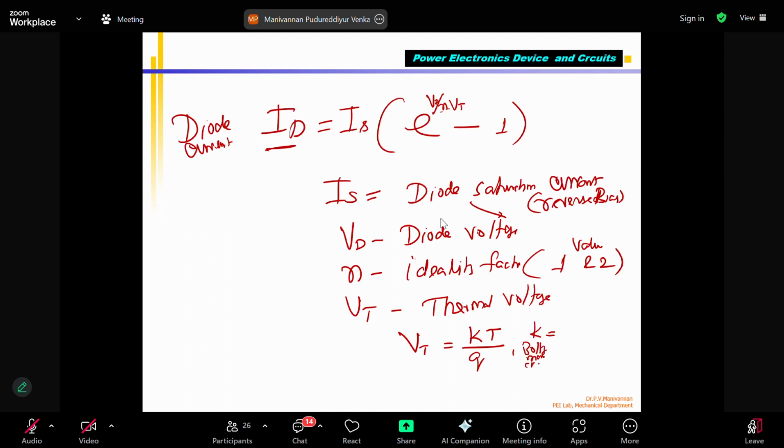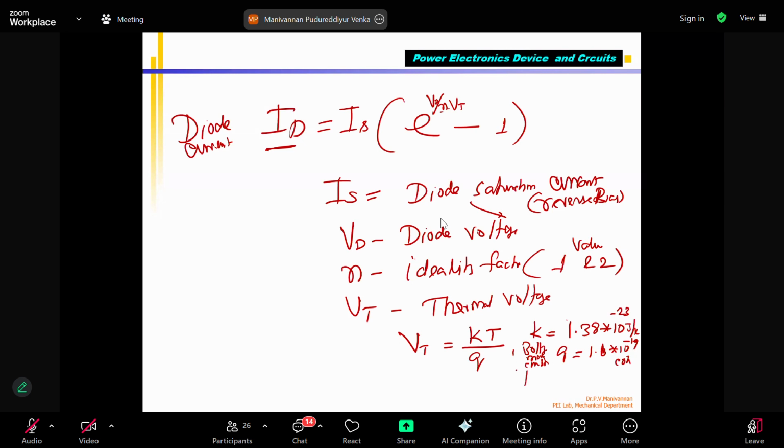Its value is 1.38 times 10 power minus 23 joules per Kelvin. This is the unit. Q is the electron charge, 1.6 times 10 power minus 19 coulombs, how much electric charge an individual electron holds. That much you know. Correct?